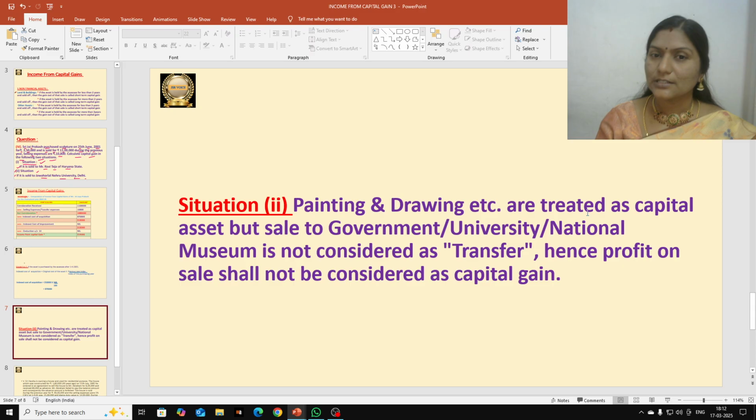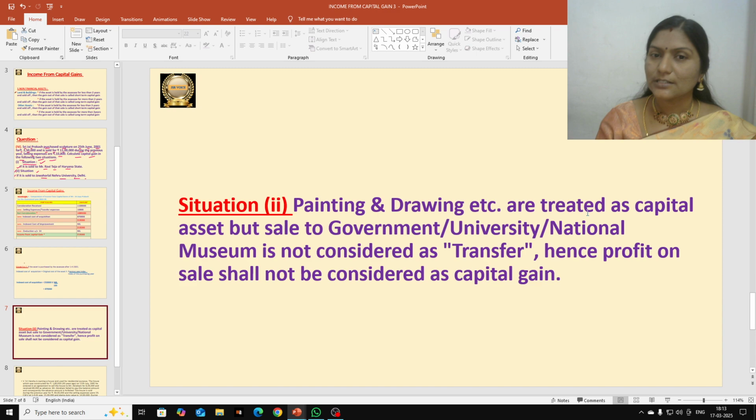So whenever anyone sells a sculpture, painting, or drawing like that to any government university, we should not treat that sculpture, painting or drawing as capital asset. Okay, we need not calculate capital gain for those assessees. So here the same thing occurred, that is why we are not going to calculate that. So for situation 2, I'm going to read that point, you can see that.